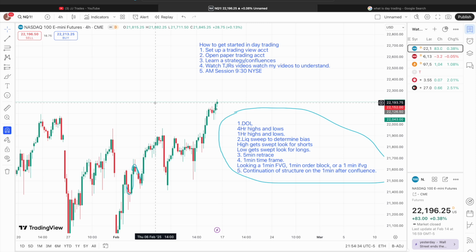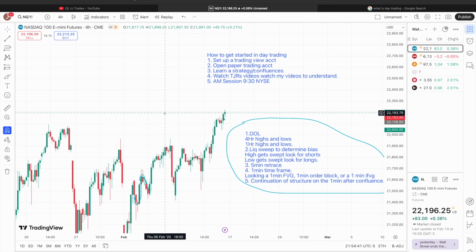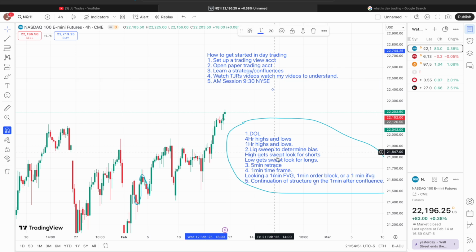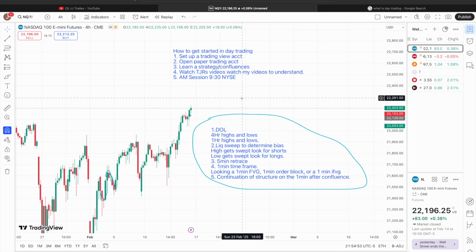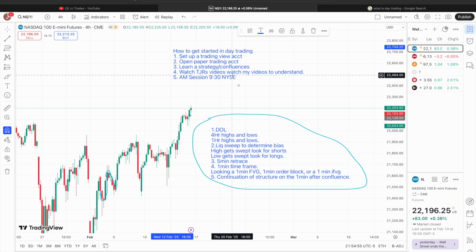Unless you're not in America, then you could trade the Asian or London session if you want. But New York Stock Exchange has the most volume, and I would recommend trading that no matter where you are. So 9:30 every single day, you need to be watching the charts and then putting this strategy to the test. So AM session 9:30 New York Stock Exchange. Boom.